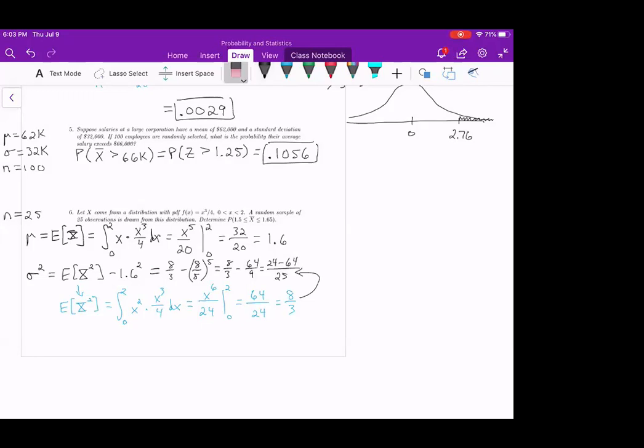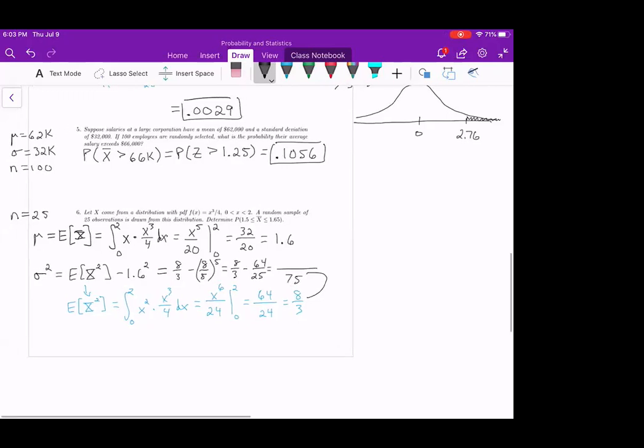Sorry, I rushed it a little bit. This is 8/3 minus 64/25. And then I'm going to use 75 as the common denominator.